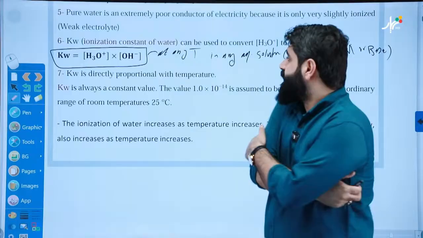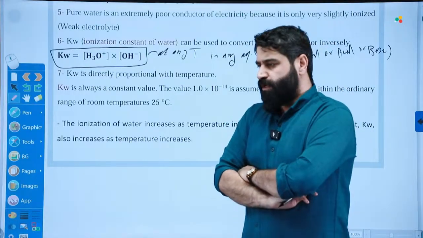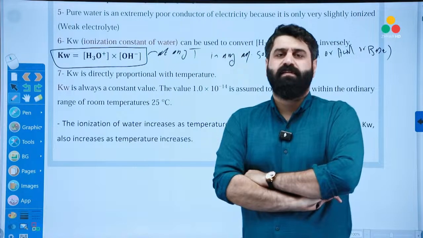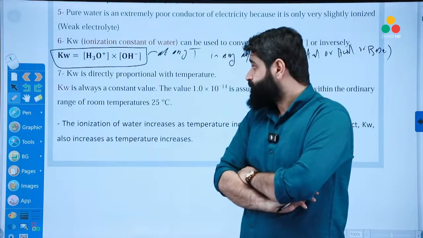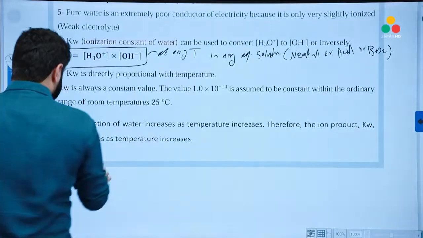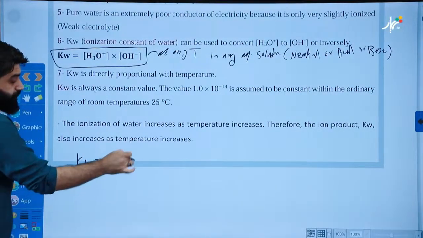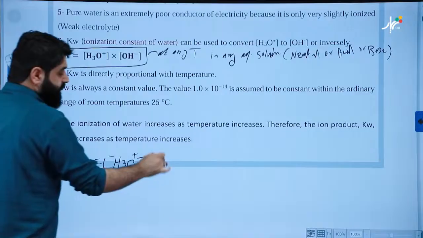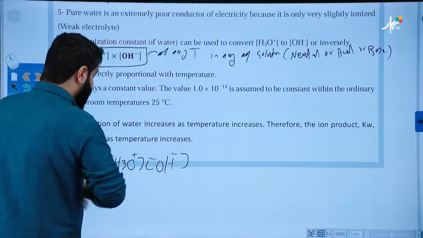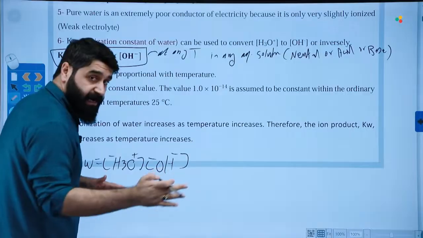So this rule is applicable for all aqueous mediums, no matter if the aqueous medium is acidic or basic or neutral. Good. Yalla, one more thing. As I said, Kw equals H3O times OH. This is for any temperature in any aqueous solution, acid, neutral, and base.